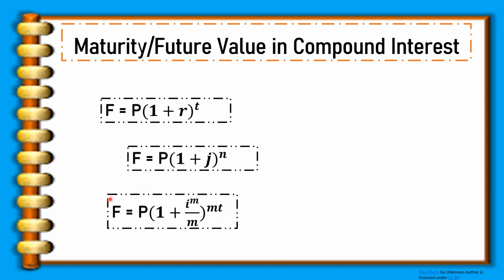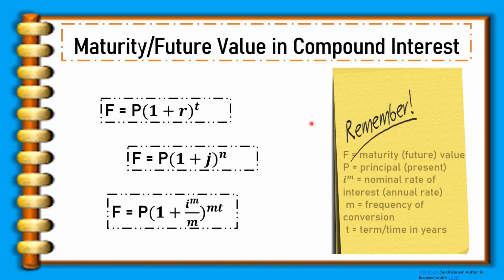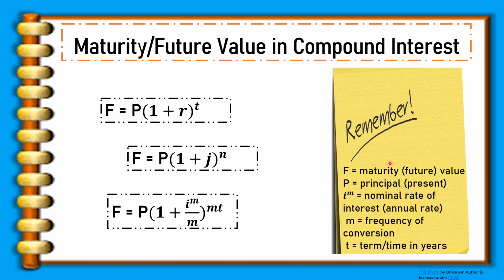So you can use this formula in finding the maturity value, future value in compound interest. Just remember that your F is your maturity or future value, P is your principal or present value, i raised to m is your nominal rate of interest or annual rate, m is your frequency of conversion, and t is your term or time in years.